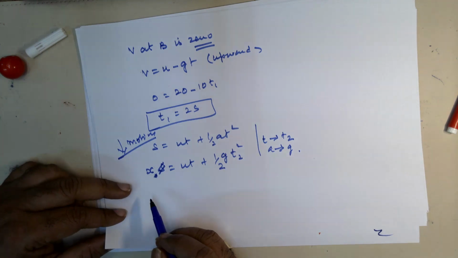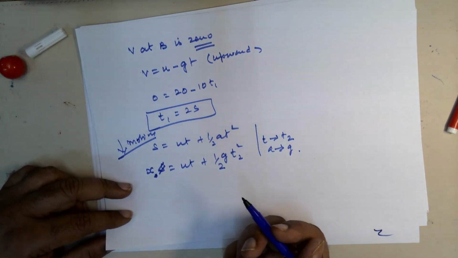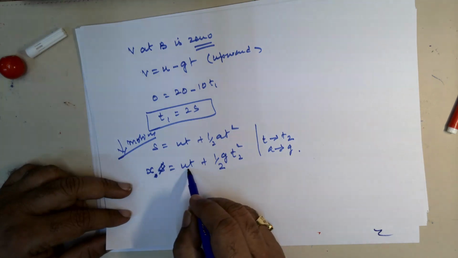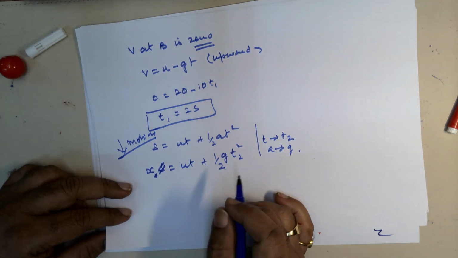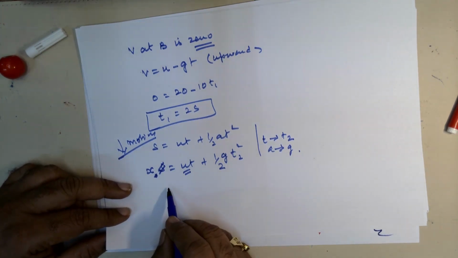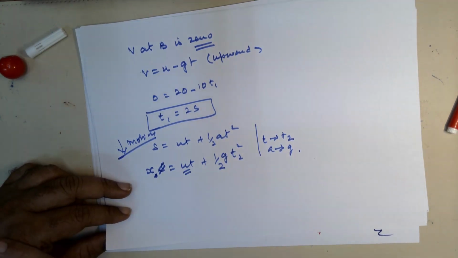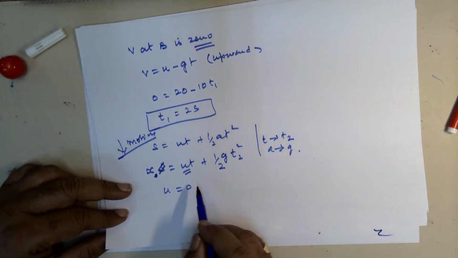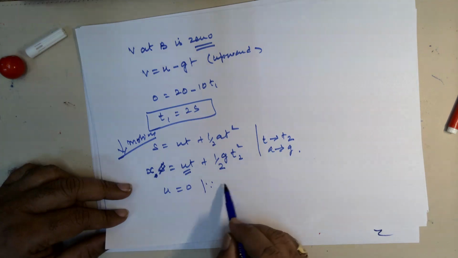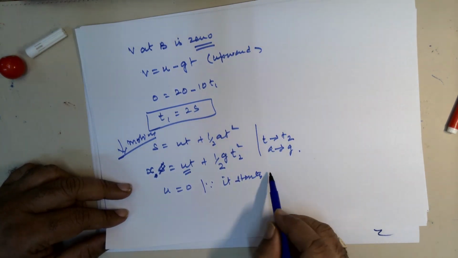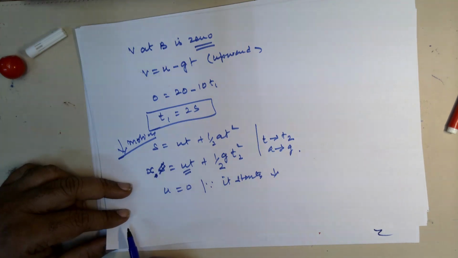Now you can substitute. You know the value of x, you know the value of u, and find out the value. What is the u here? When it starts, what is the value? 0. So u is equal to 0. Why? Because it starts coming down, falling. Okay.